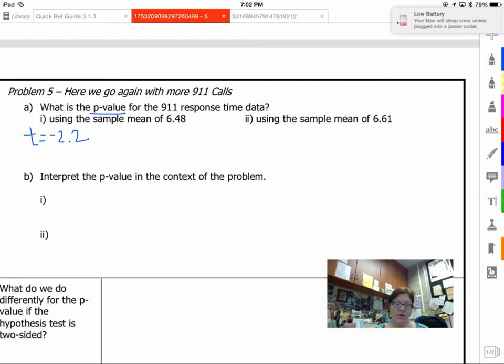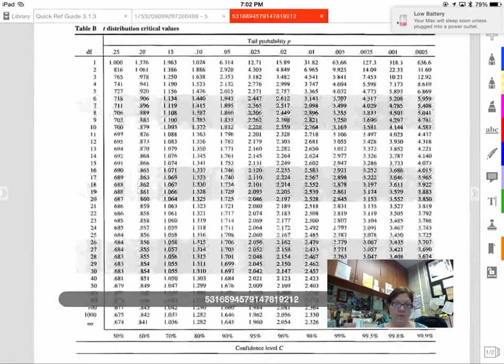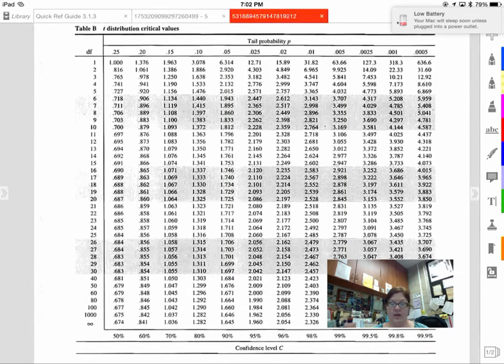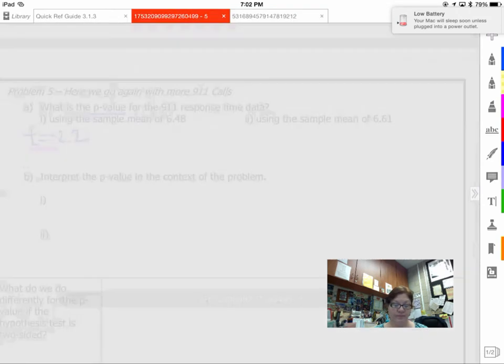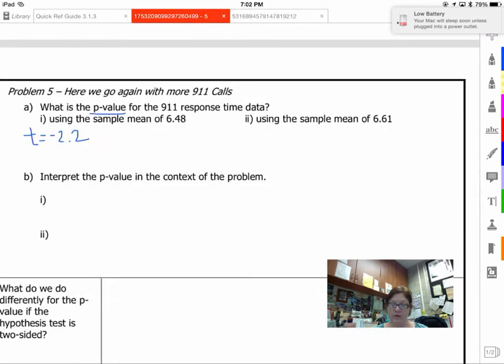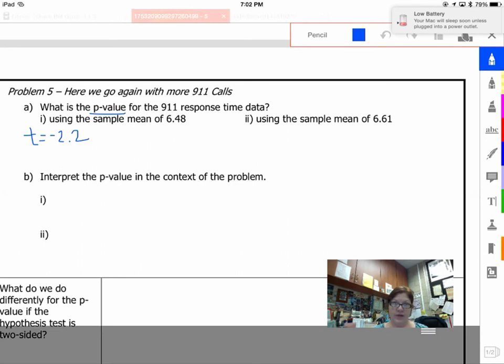So we're going to switch over to our formula sheet, and we have to remember the degrees of freedom for this problem was 399, but of course if I go look at the table, 399 isn't in there, so I have to use the next lowest one, which is 100.